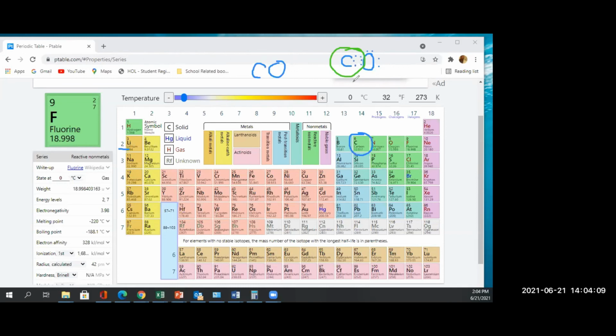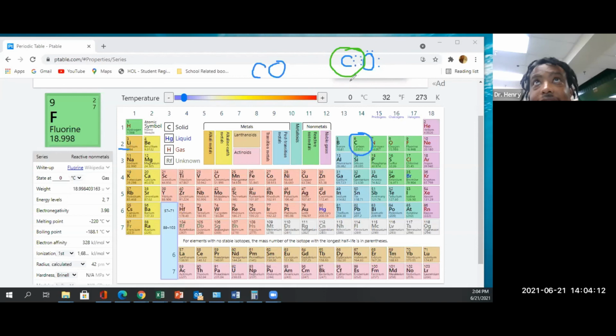No. Okay, so we know that that does not work because we need to have 8 around carbon. So let's go ahead and move some of them around here.